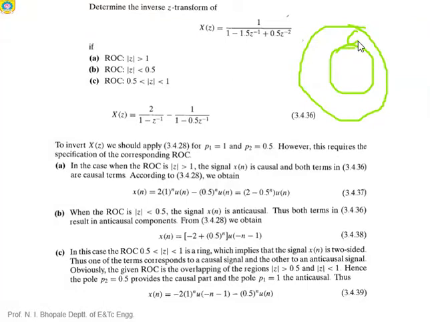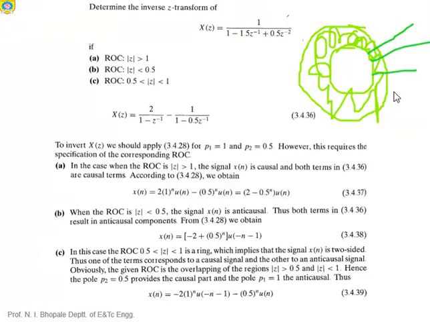When the ROC is in between the two circles, then for the circle with radius 0.5, the ROC must be outside that circle, and for the circle with radius 1, the ROC must be inside that circle. So the common region here is this particular ROC, which is nothing but the ring.